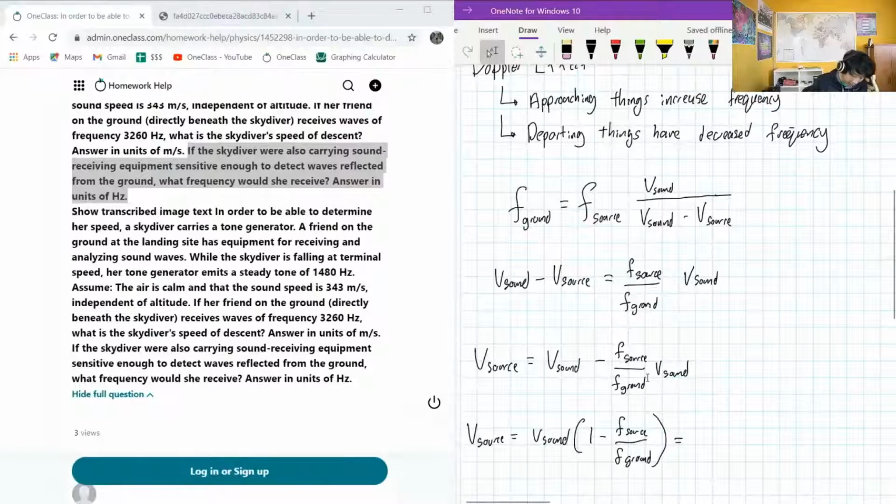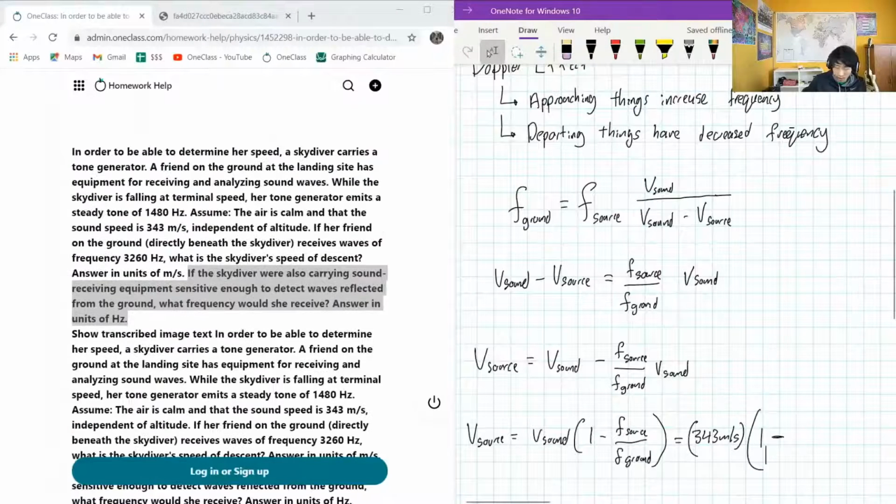So the velocity of sound is 343 meters per second multiplied by 1 minus the source, which is going to be 1480 hertz divided by 3260 hertz.